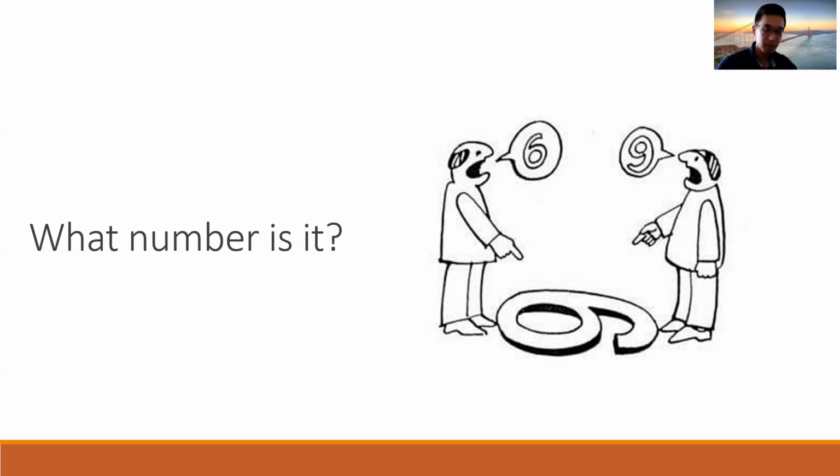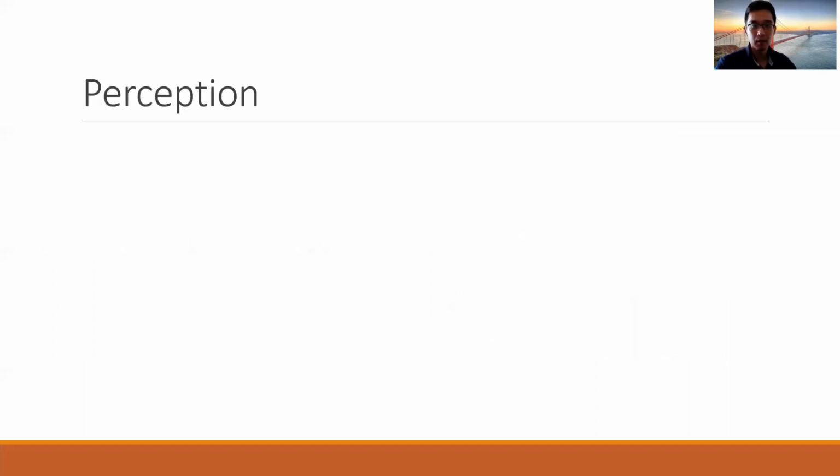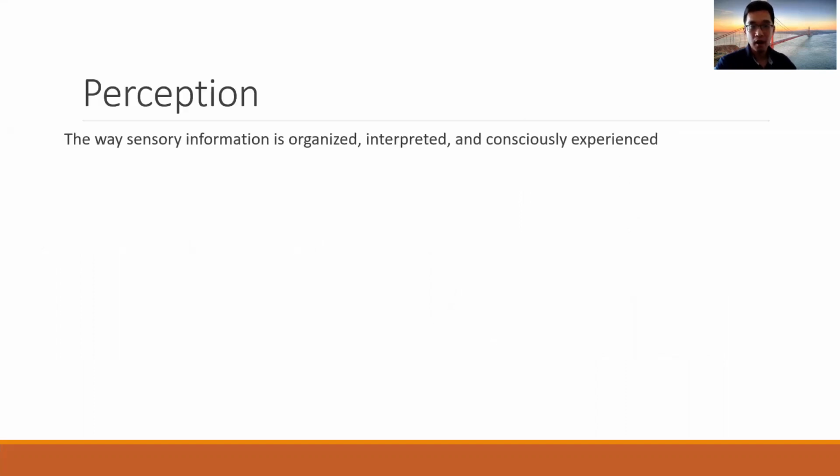How does it happen? Because after sensation, when the sensory information is received and gets to the brain, the brain needs to process, interpret, understand, and organize that information. So that's where and when perception occurs.